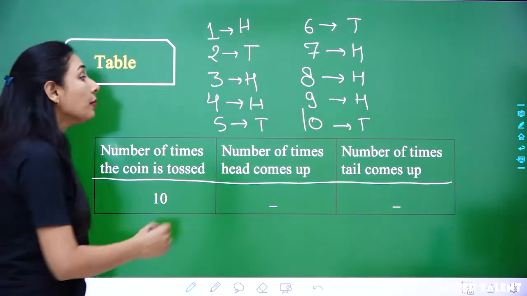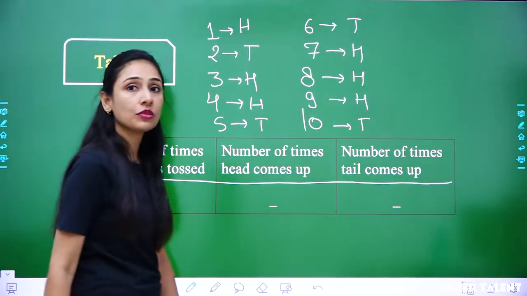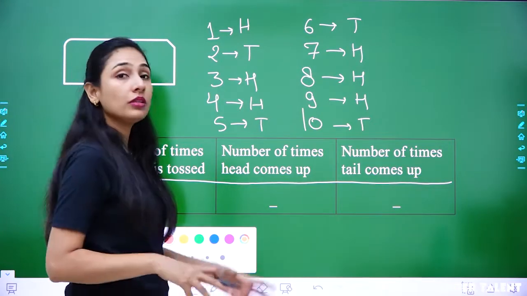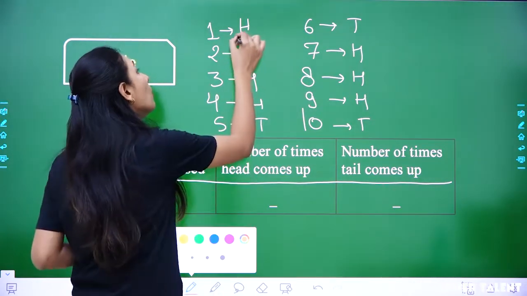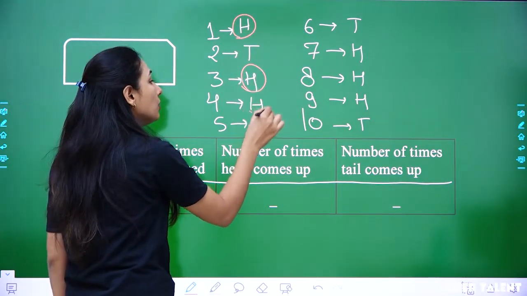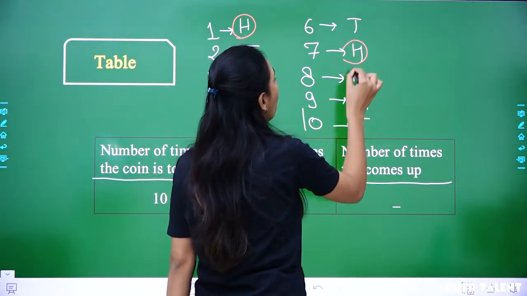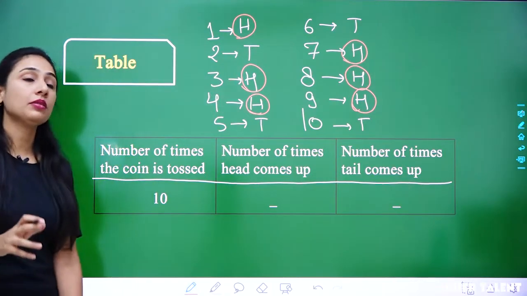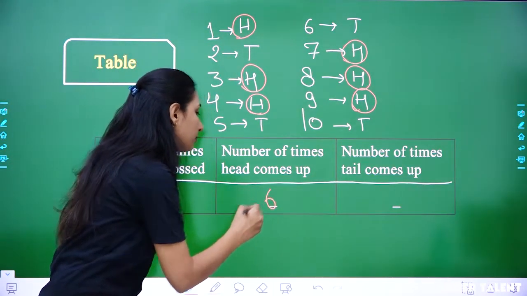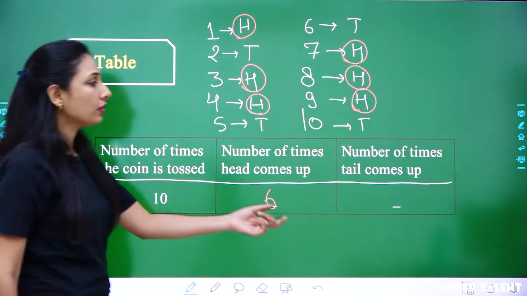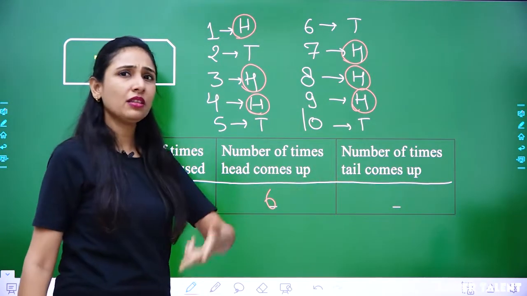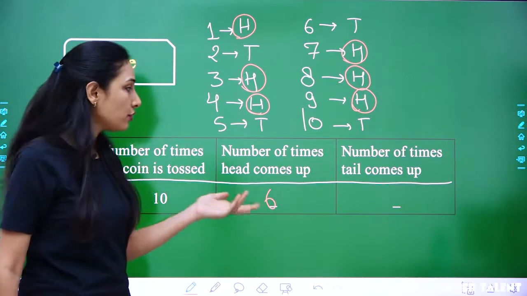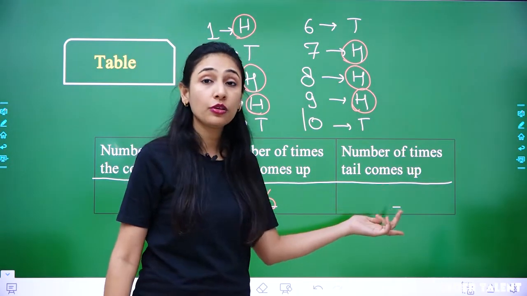Now, the number of times heads come up. We are going to count the heads here: 1, 2, 3, 4, 5 and 6. We got heads 6 times. Now, there are basically two outcomes: either it will be head or it will be tail. So if it's not head, it will definitely be tail, which is going to be 4.